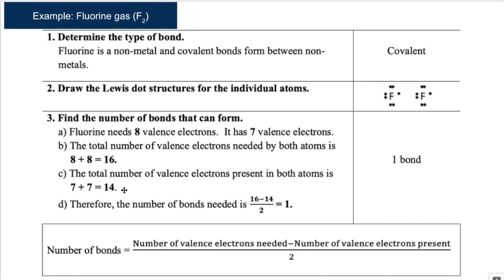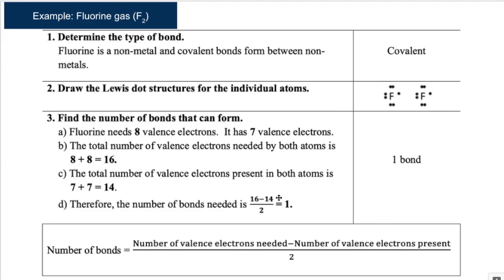is 14. Okay, so we can take the number of valence electrons needed minus the number of valence electrons present, divided by 2, to get the number of bonds that we need. So if we take 16 minus 14, we would get 2, and then divide that by 2, we get 1.